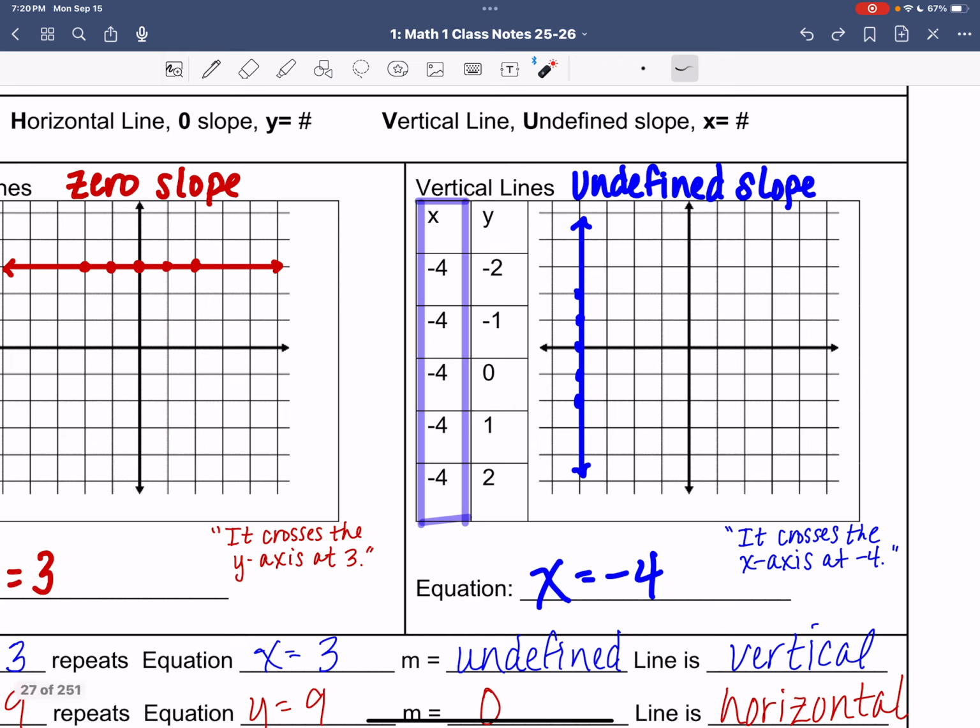If you look, all of these create a vertical line. Vertical goes up and down, so that would be an undefined slope. You write your equation as x equals -4, which is where it crosses the x-axis. That's how I read it: it crosses the x-axis at -4.